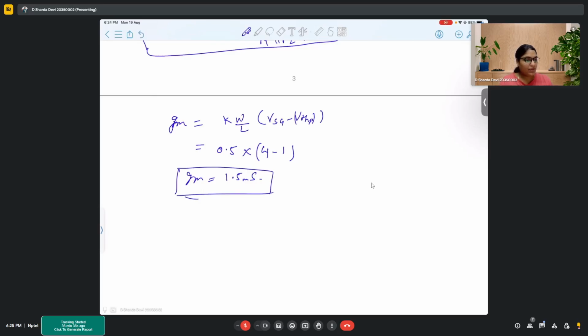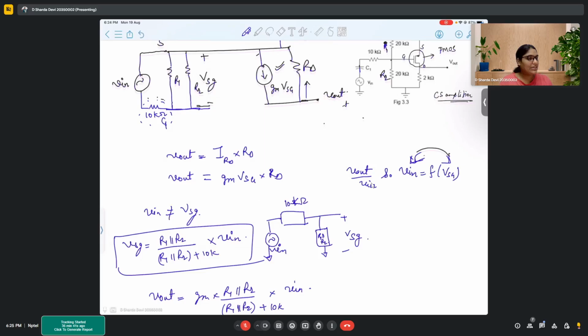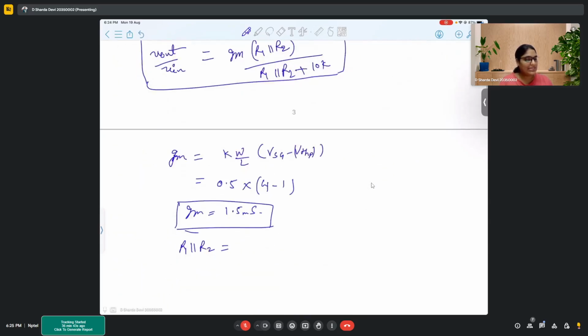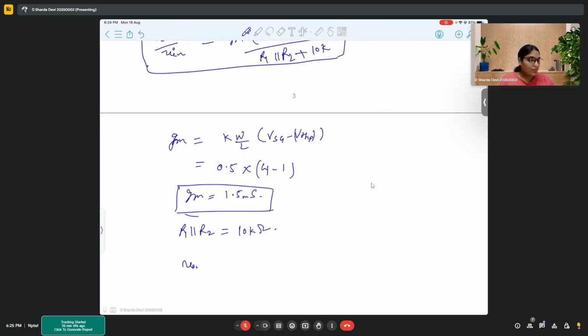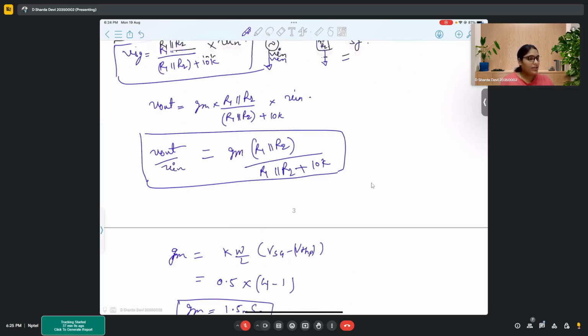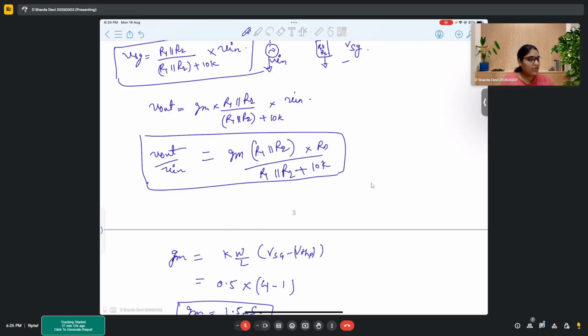Now we know GM, and we know R1 parallel R2 will give us, so this is 20 kilo ohm parallel to 20 kilo ohm, which will give us 10 kilo ohms. So V out by Vin will be 1.5 millisiemens into R1 parallel R2, that is 10 kilo ohms, upon R1 parallel R2, that is 10 kilo ohms, plus 10 kilo ohms, into RD also, right?